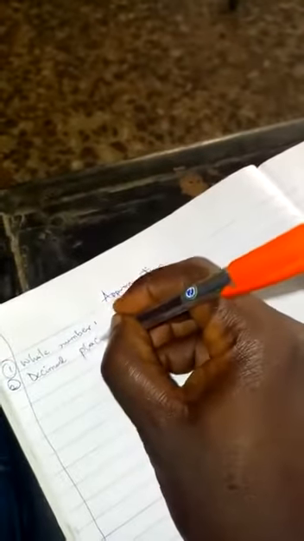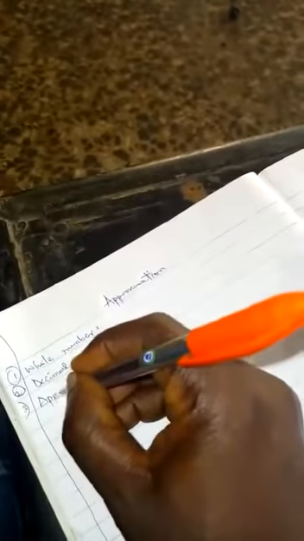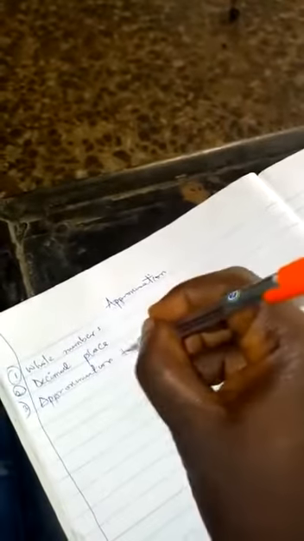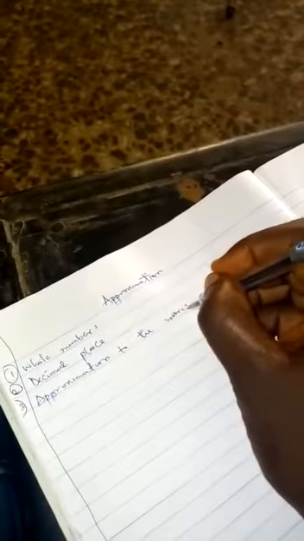Three, approximation to the nearest tenth, hundredth, thousandth.